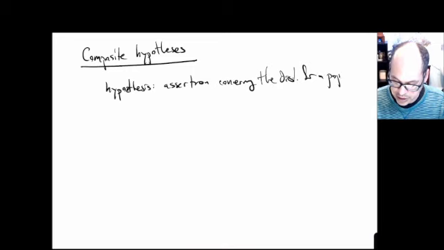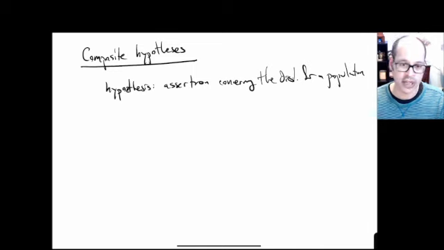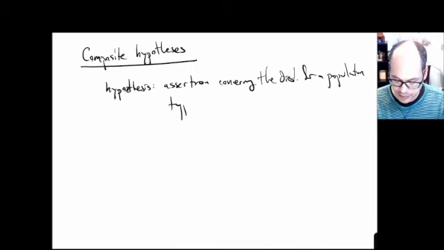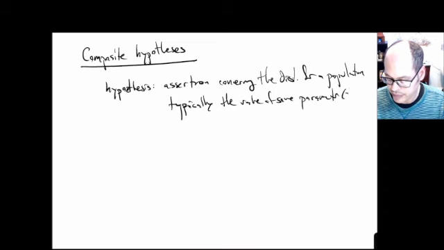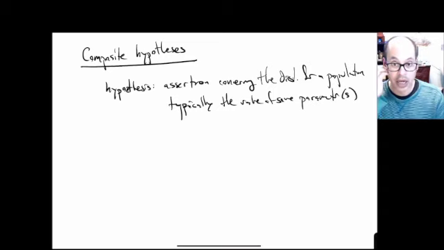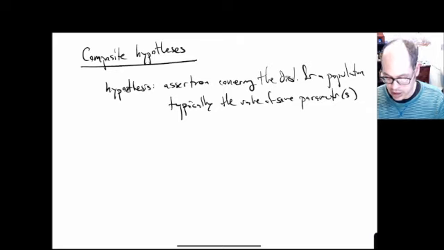Typically, it has to do with the value of some parameter, or maybe some collection of parameters. Now, there are certain special cases to consider that typically come up more frequently.